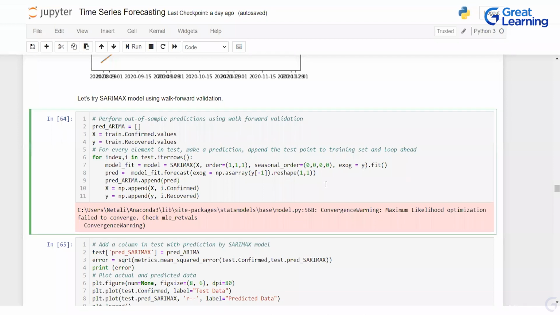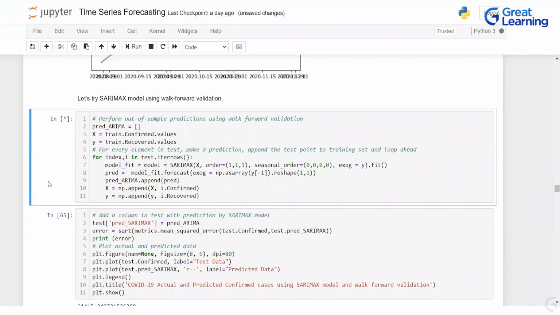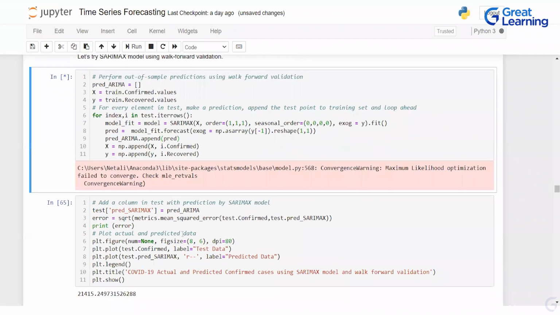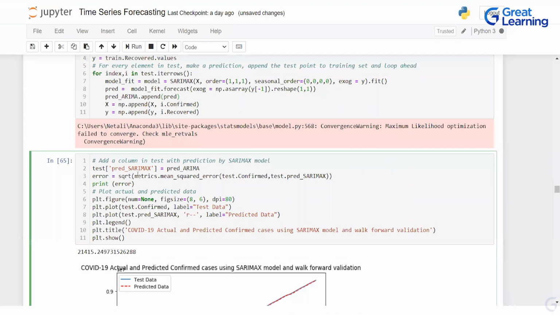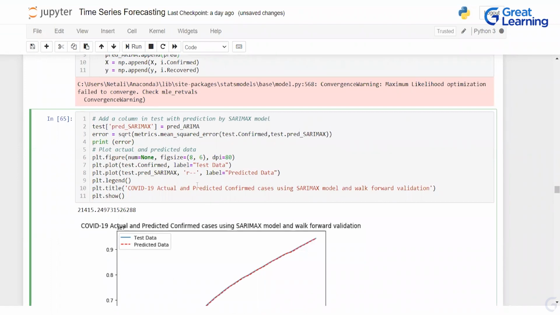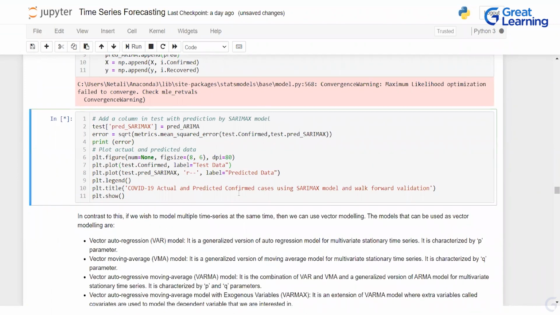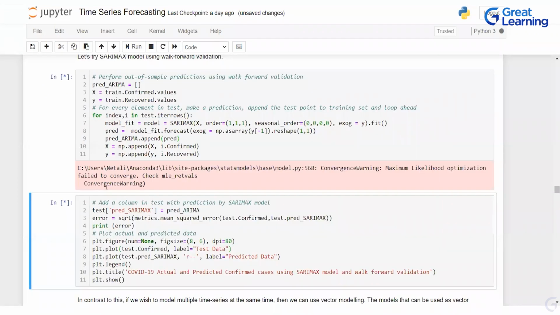That will also work. It will take some time to run. I'm just adding a column in my test data, which will show the SARIMAX output with this walk forward validation. It will take some time to run because you have a huge data set, and for each one it is doing walk forward validation.